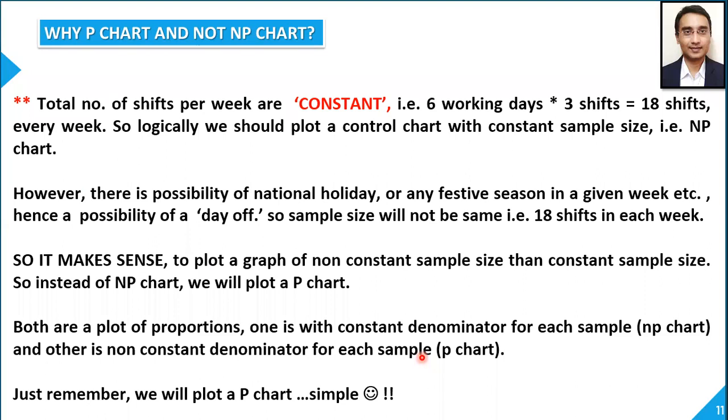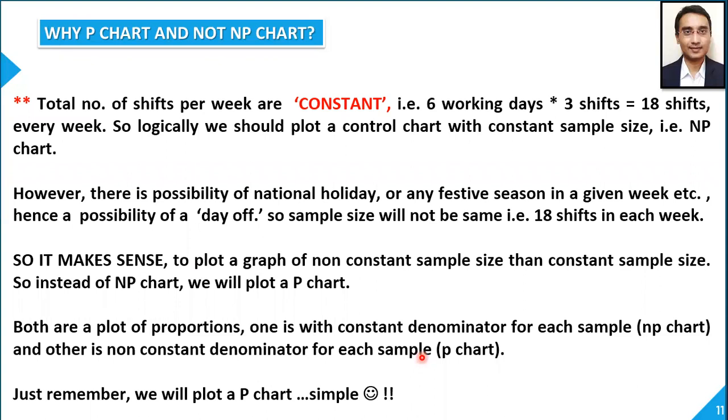They may come up with this question: why are we using a P chart and not an NP chart? But I think this is the logic I would like to put forward, and I guess every one of us would agree with this. As long as it is not affecting our final inference, and there is no difference between the inference we may draw from either the NP chart or the P chart, the only difference will be the data points.